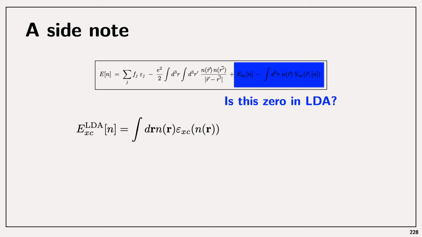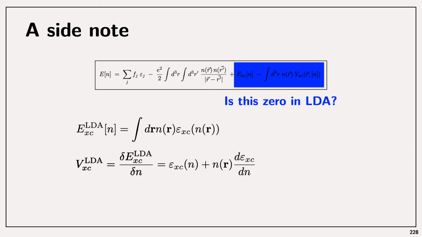Of course, we know that the exchange correlation energy in LDA is given by this local expression. We can calculate the potential as being the functional derivative of that energy. And when we do that, and this is where learning about functional derivatives was useful, we find this result here. Of course, the derivative of the product is just the sum of the derivatives.